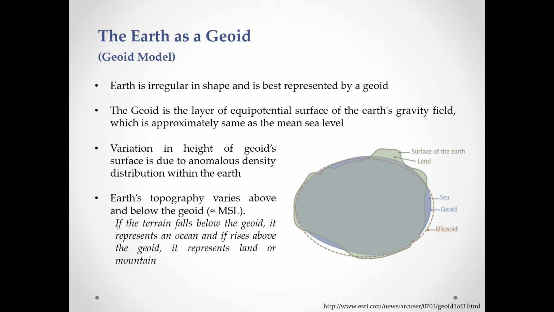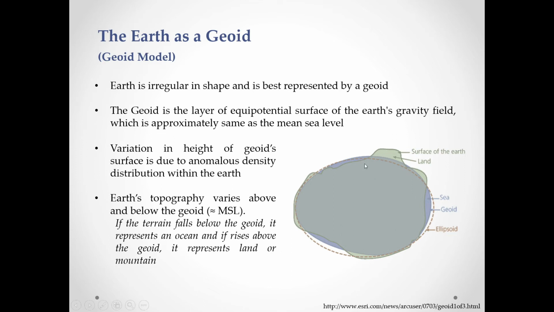Earth's topography varies above and below the geoid, that is the mean sea level (MSL). If the terrain falls below the geoid, it represents an ocean, and if it rises above the geoid, it represents land or mountain. That you can visualize in this figure.